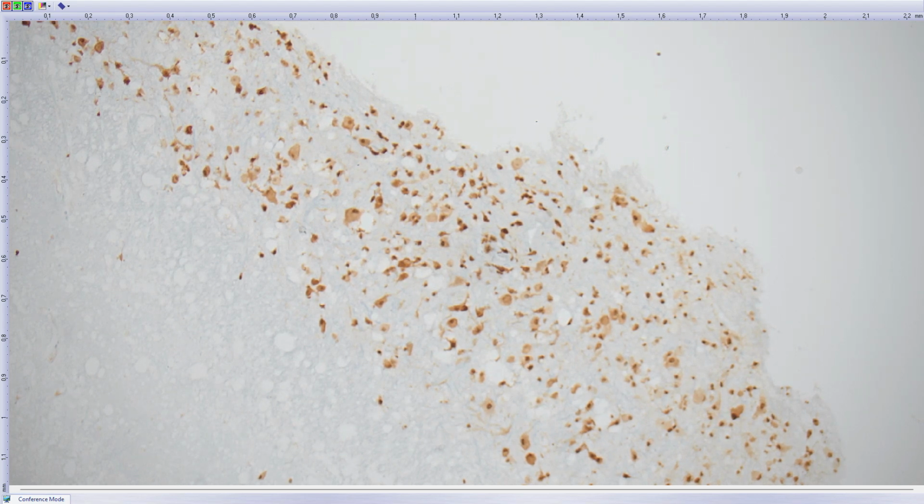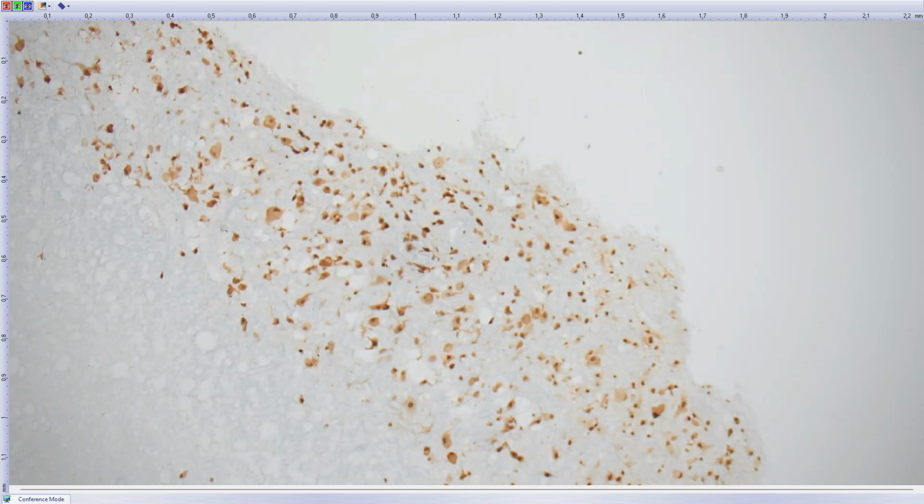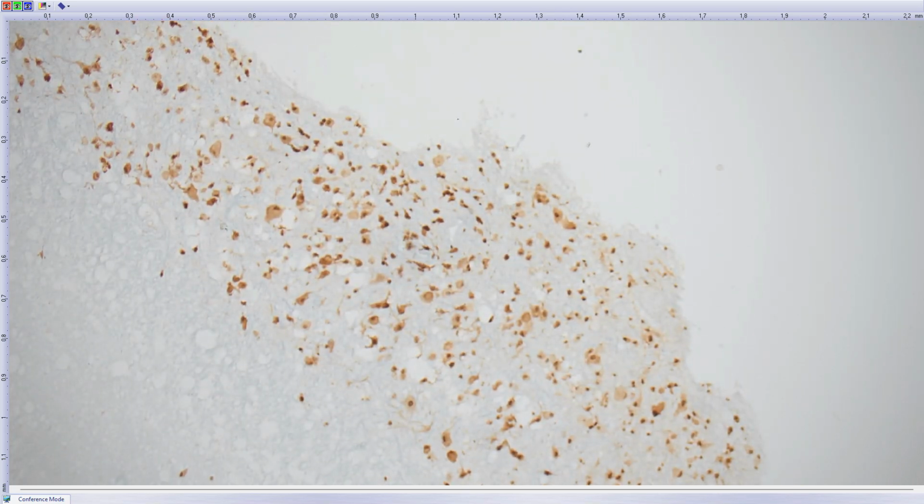And eventually the lady was tested and she had a germline mutation, and also I believe her daughter was tested and she also has a germline mutation.